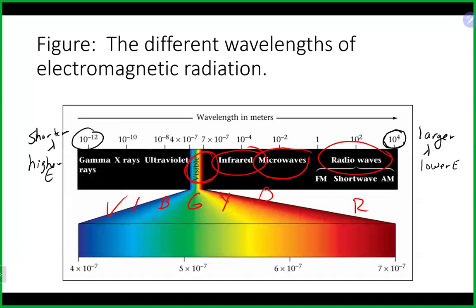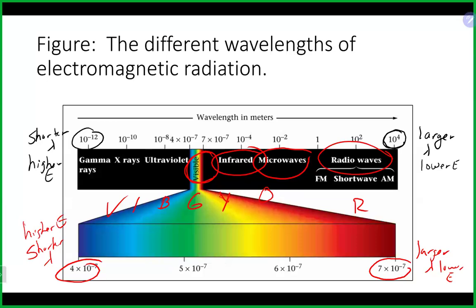Now, even with colors, there is a difference in energy. If we just look at our outside ones here, this is red, which is 7 times 10 to the minus 7. That is a larger wavelength and lower in energy. Then if you come to the other side of the spectrum, 4 times 10 to the minus 7, that is a shorter wavelength and higher in energy.